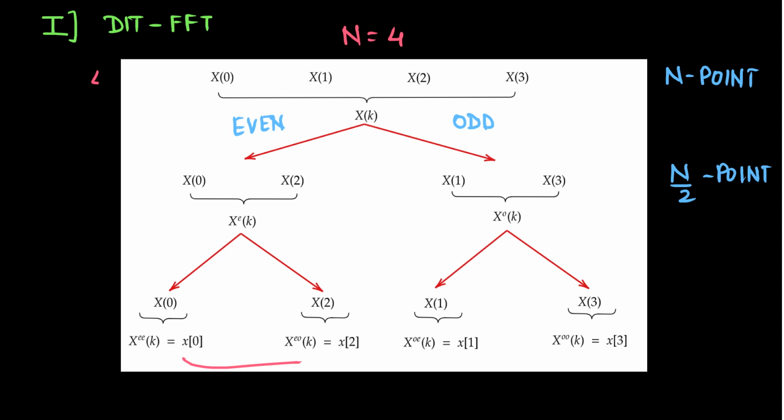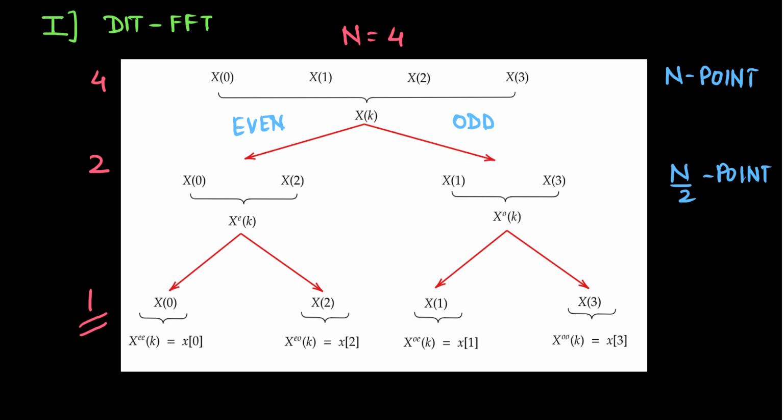So here we have 4 point DFT. Then by splitting into even and odd parts, we are getting 2 point DFT. Now we again go on splitting them into two parts so that we get a 1 point DFT, like this.